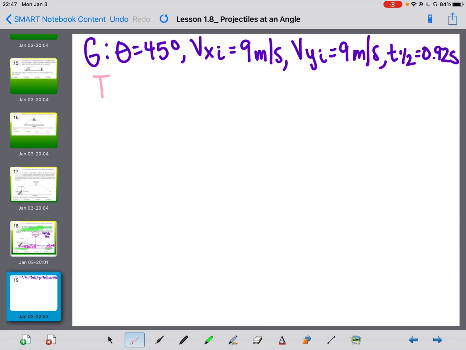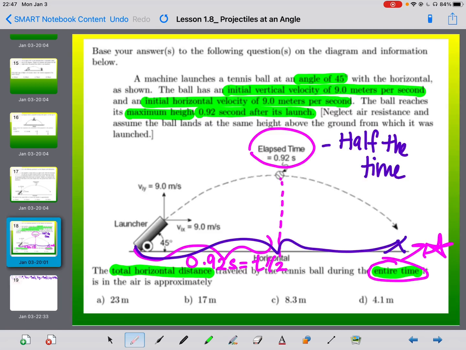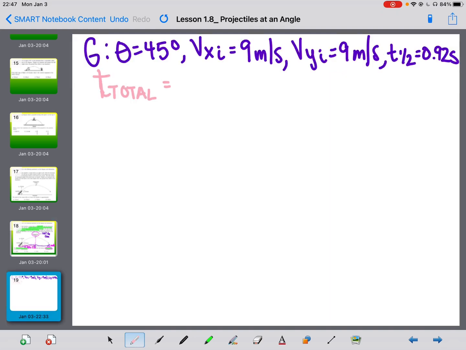Let me write it as lowercase t total. In order for us to incorporate this side of the parabola and this side, and we know that half of it is only 0.92, we literally just go 2 times 0.92 seconds.